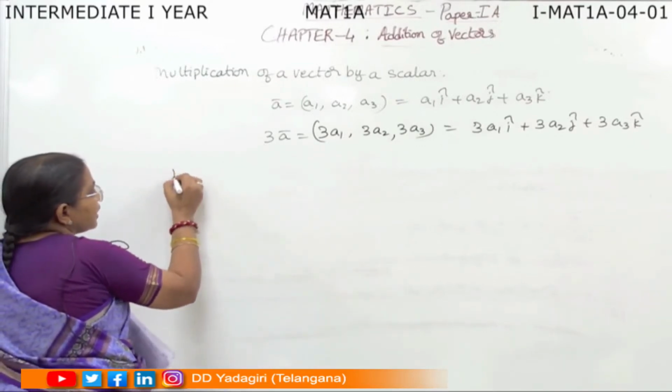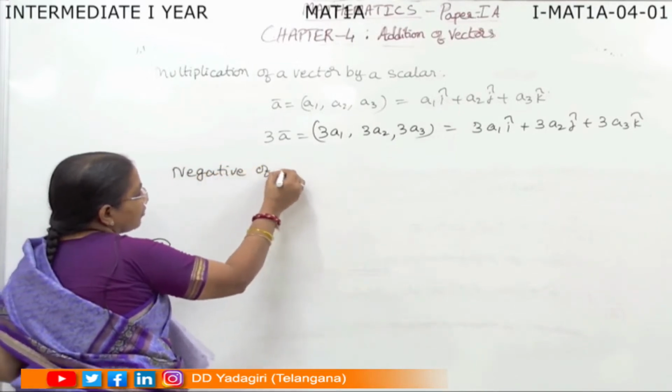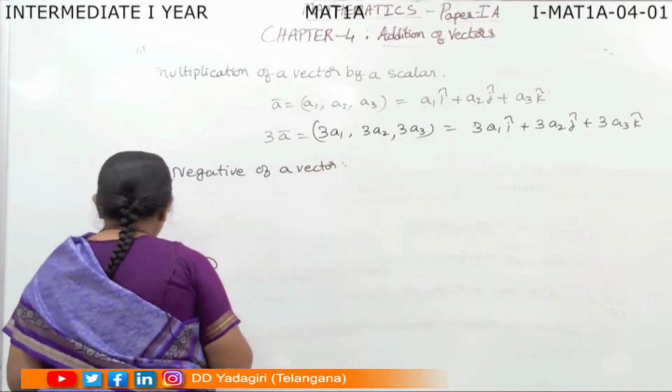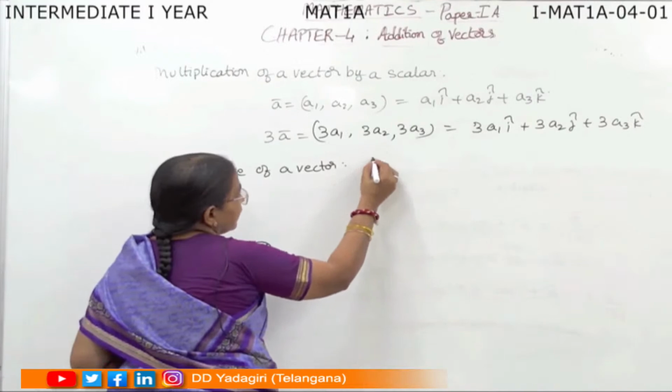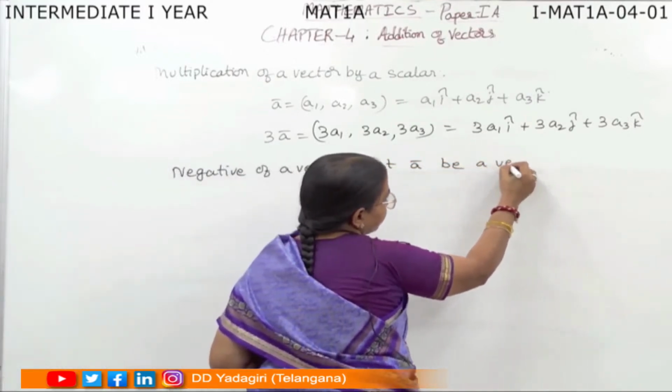Okay, next is the negative of a vector. What is the negative of a vector? Suppose that A is a vector.